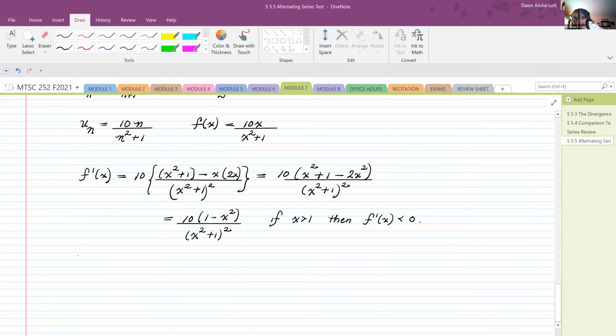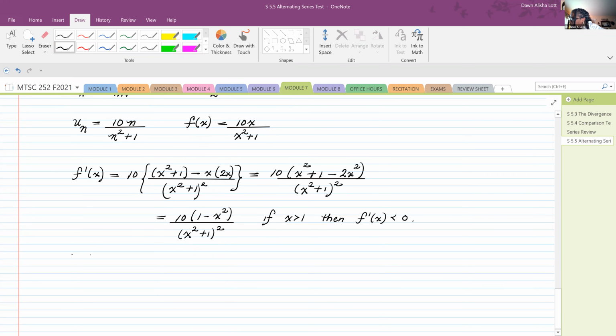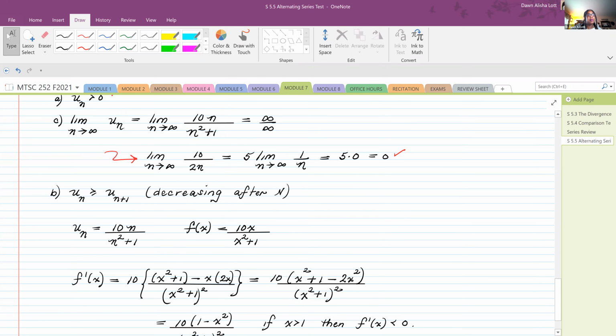So that means that un equal to 10n over n squared plus 1 is decreasing for n greater than 1. So therefore, B checks. Okay, so A, B, and C all check now.